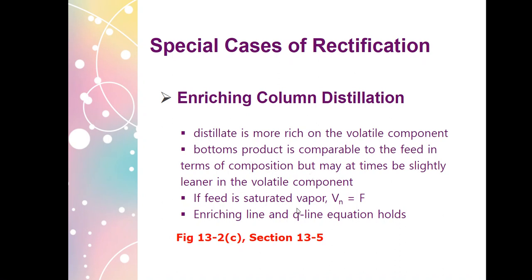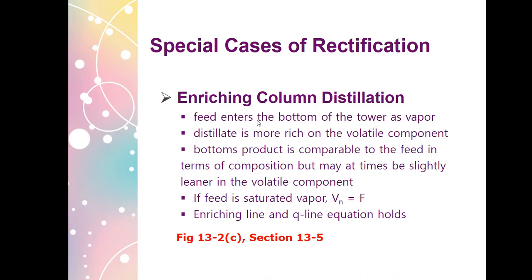If feed is saturated vapor in the case of enriching column distillation, your V sub N is equal to F, and that is the vapor that leaves the end tray or stage. Enriching line and Q line equation holds, and the way it is drawn is the same in principle as if you have the complete distilling column, but this time you only take away or eliminate the lower portion, which is the stripping section. Read on section 13-5 of your handbook for further explanation on this.